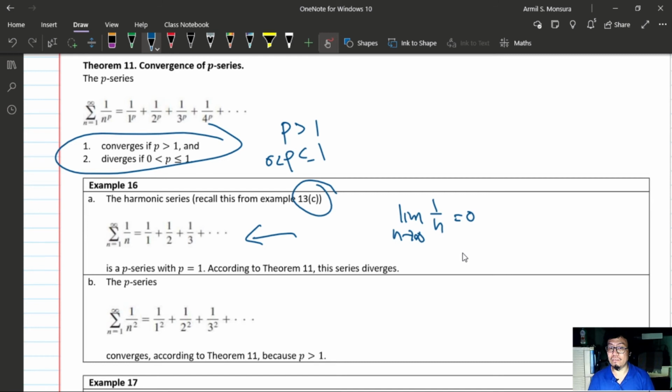And when we tried to get a plot of the partial sums of this, it turns out that the series is divergent. Here's the reason.